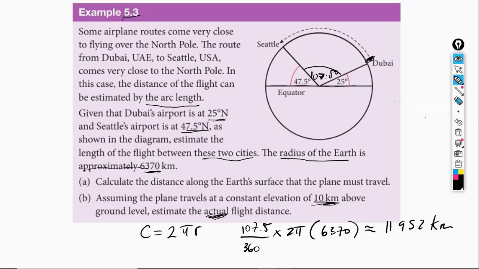So let's just substitute here in the formula. Instead of 6370, let's use 6380 and calculate the result. So once we plug that in the calculator, we're going to get a number that is slightly higher, which is 11,970 kilometers.